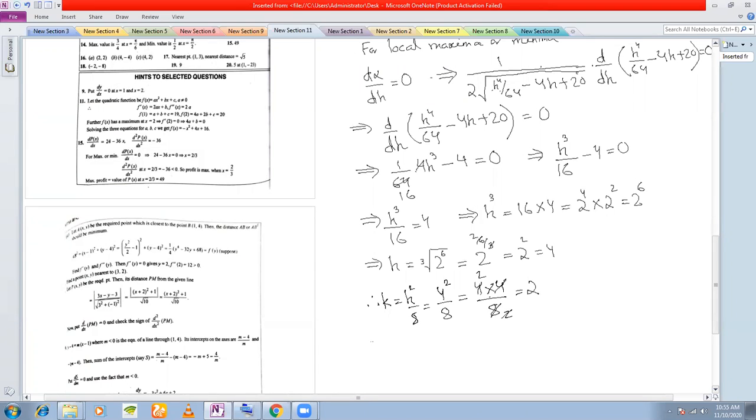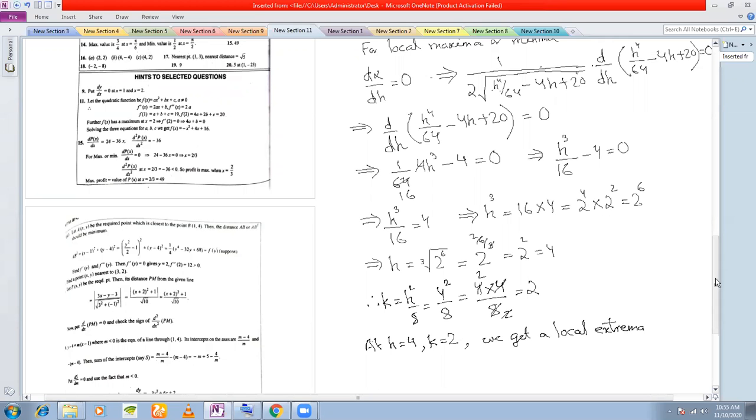Now the point is, at h is equal to 4, k is equal to 2, we get a local extrema. Whether maxima or minima, I don't know.